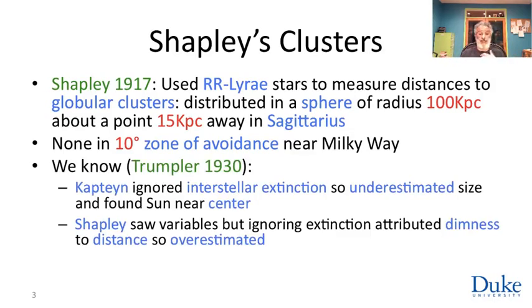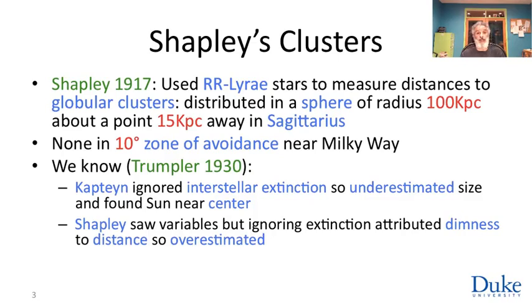It was not until 1930 that Trumpler proved that the interstellar medium, even between the known gas clouds, absorbs and scatters starlight so that stars undergo extinction. And it was only in the 1930s that this became clear, that all stars in all directions suffer extinction when light passes through the interstellar space of the galaxy.